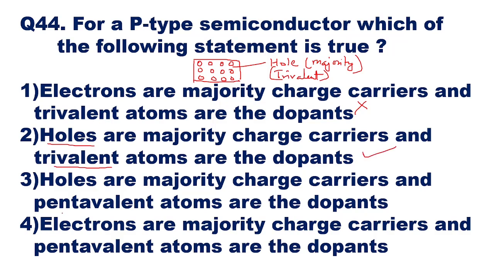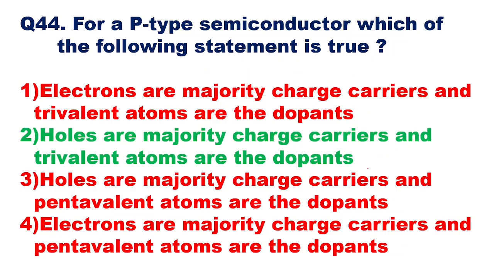Third option, holes are majority charge carriers and pentavalent atoms are dopants. This is wrong, it is not pentavalent, it is trivalent. Fourth, electrons are majority charge carriers. This is wrong, so option 4 also is wrong. So if you see all the options, the second option is the correct option, which says that holes are majority charge carriers and trivalent atoms are the dopants.